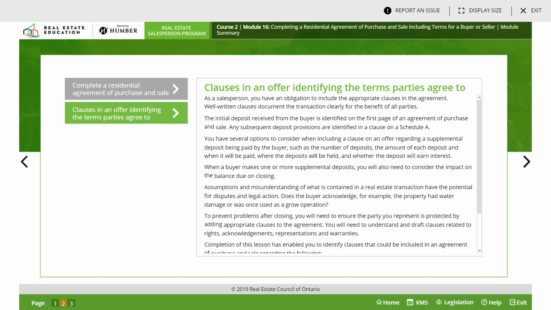Any subsequent deposit provisions are identified in a clause on a Schedule A. You have several options to consider when including a clause on an offer regarding a supplement deposit being paid by the buyer, such as the number of deposits, the amount of each deposit, and when it will be paid, where the deposit will be held, and whether the deposit will earn interest.